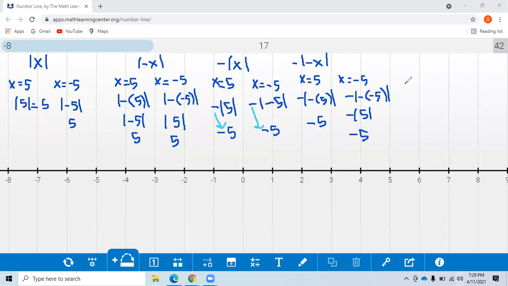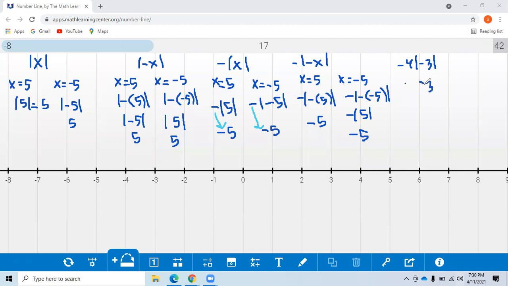What about if I have negative 4 times the absolute value of negative 3? Well, this means multiply. I don't need to write a multiplication symbol. It's understood. The first thing I want to do is find the absolute value of negative 3, which is 3.